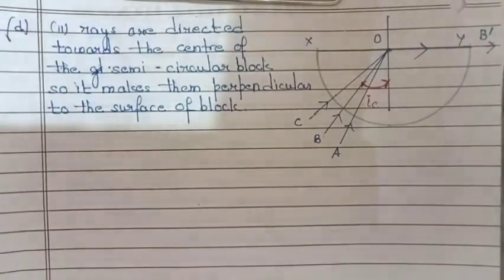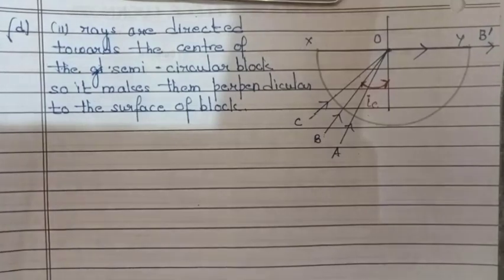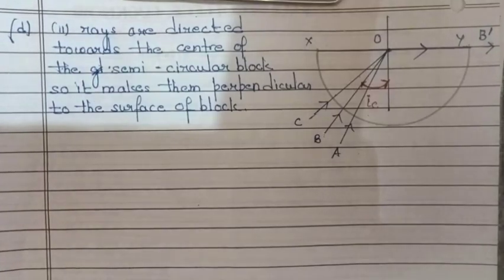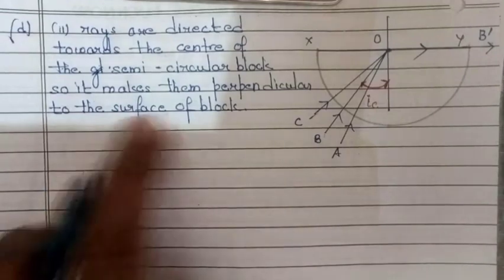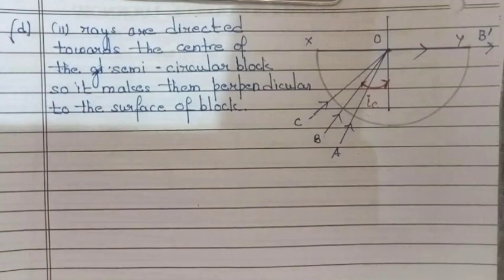And you must be knowing that whenever a ray enters a medium being perpendicular to the surface, it goes undeviated. So that's why these rays have gone in the block without being deviated, because they are perpendicular.